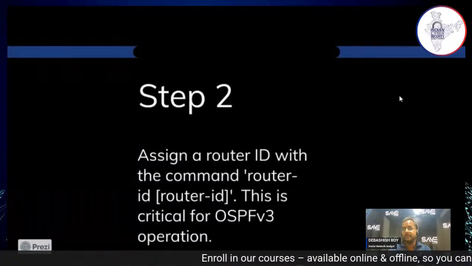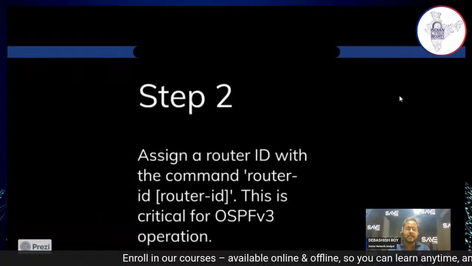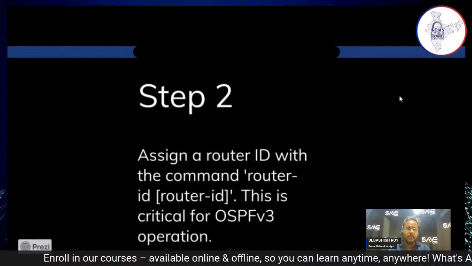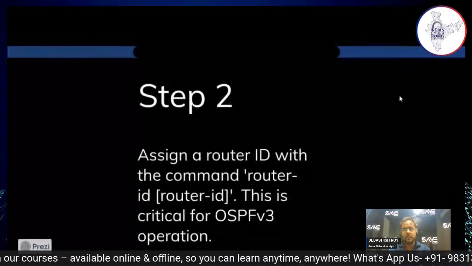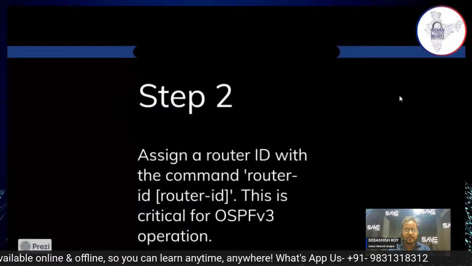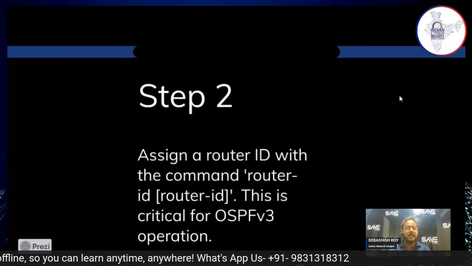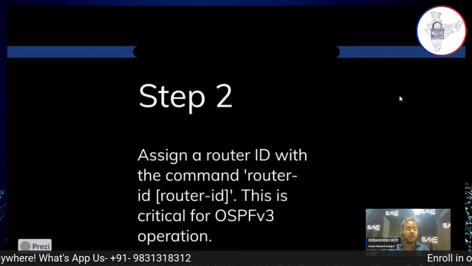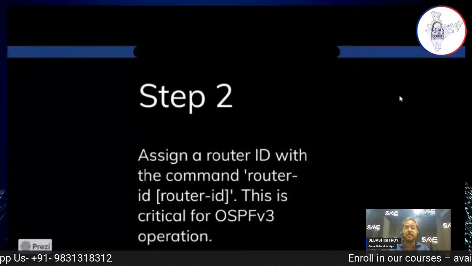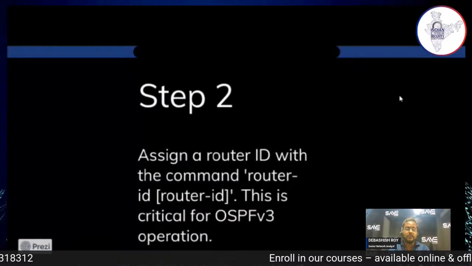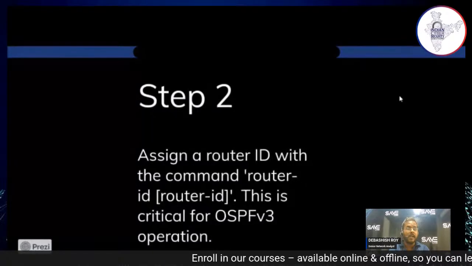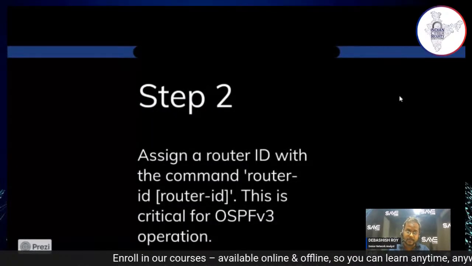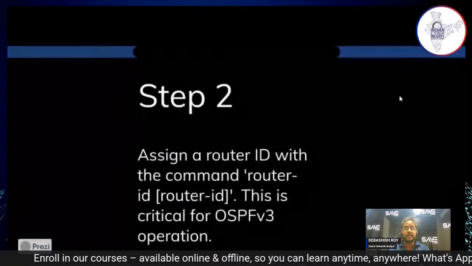This is the most critical part, because in OSPFv2, if you do not give a router ID, it is okay, because it takes the IP address of the highest interface as the router ID. But in the case of IPv6, you definitely have to give the router ID, otherwise the OSPF process will not start at all, and it will give you an error that you must configure a router ID. So this is vital.